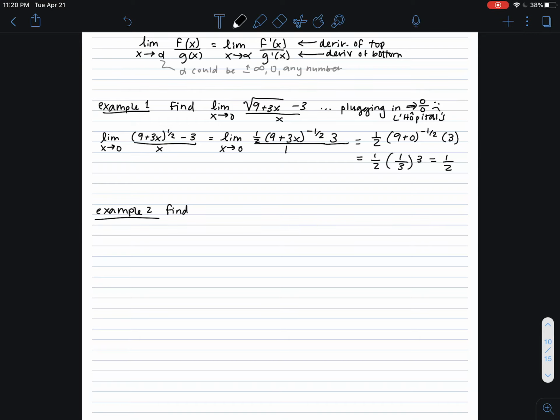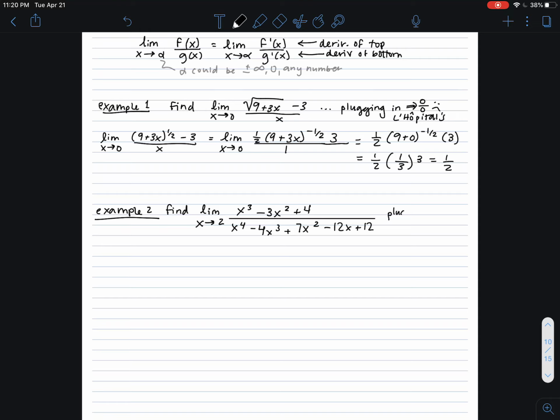So let's find the limit as x goes to 2 of x cubed minus 3x squared plus 4 all over, this one is long, x to the 4th minus 4x cubed plus 7x squared minus 12x plus 12.